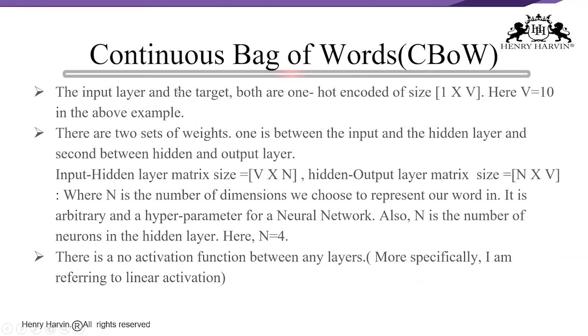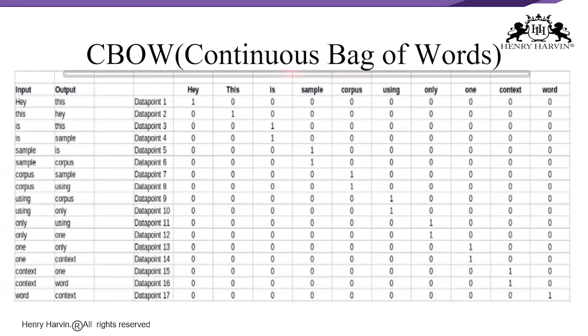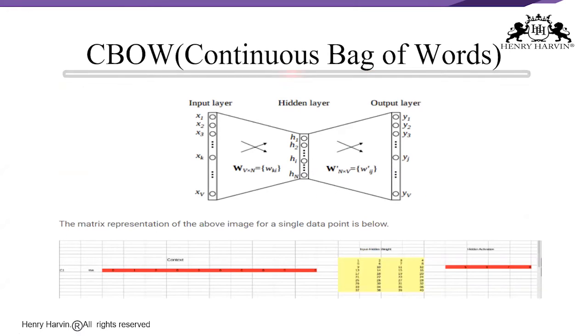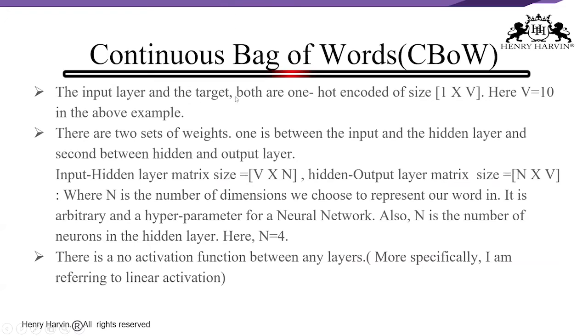The input layer and the target are both one-hot encoded of size 1 into V, where V is equal to 10. There will be two sets of weights. One is between the input and the hidden layer, the second is between the hidden and the output layer.